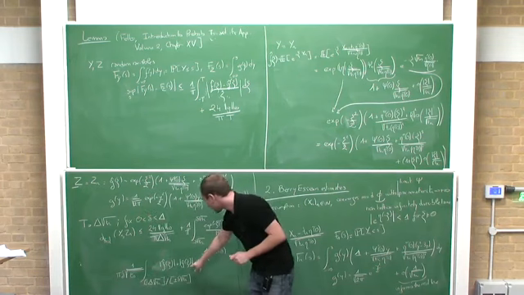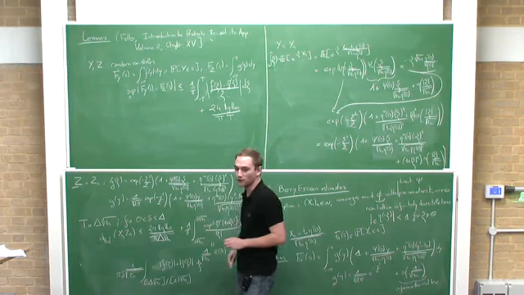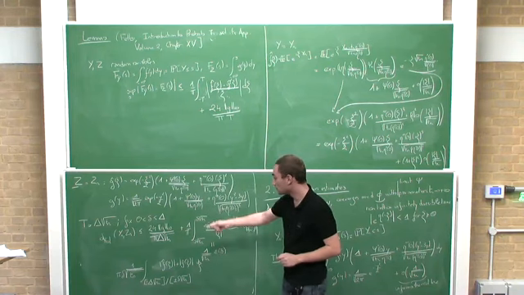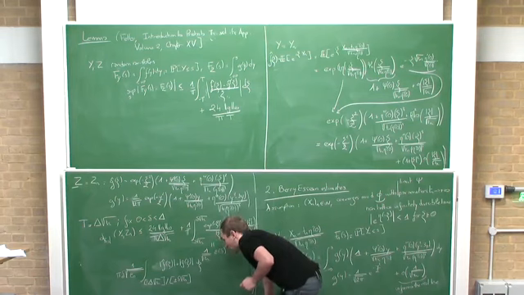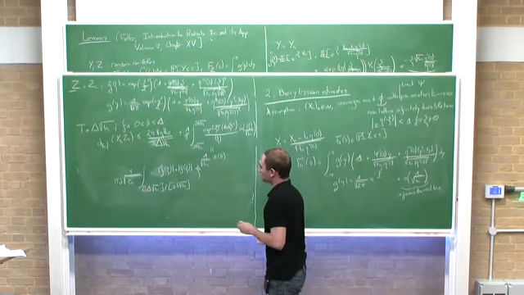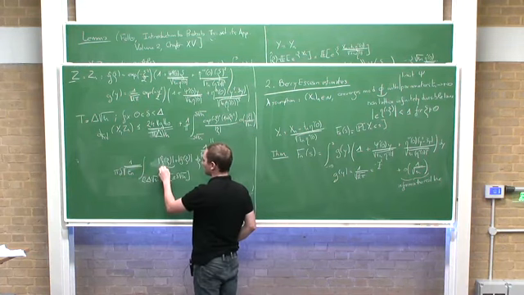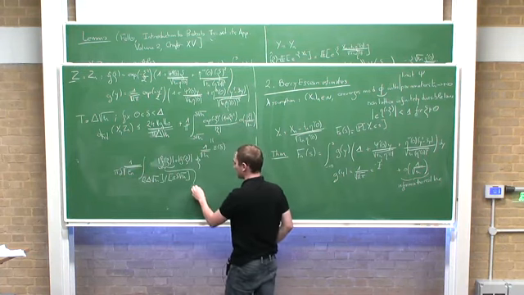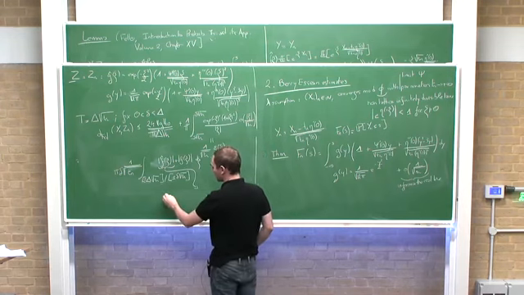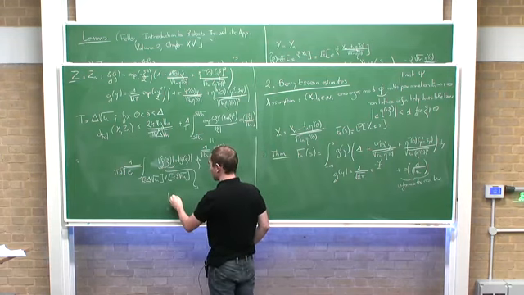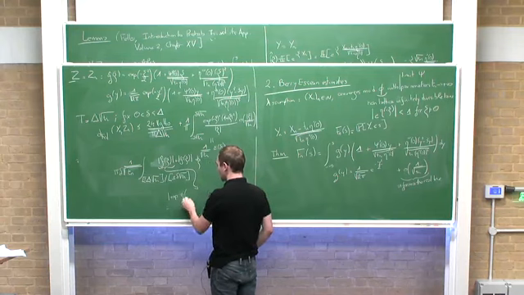So I claim that this thing goes to 0 much faster than any power of Tn. And why is that? If you look, for instance, at this Fourier transform, you can see that its modulus is equal to exponential eta.